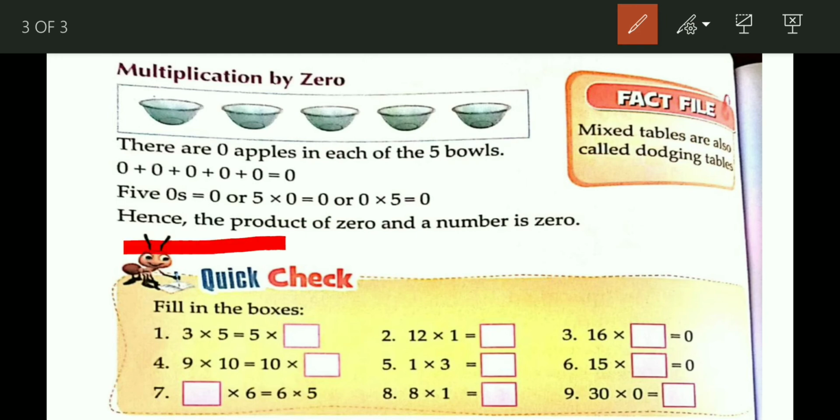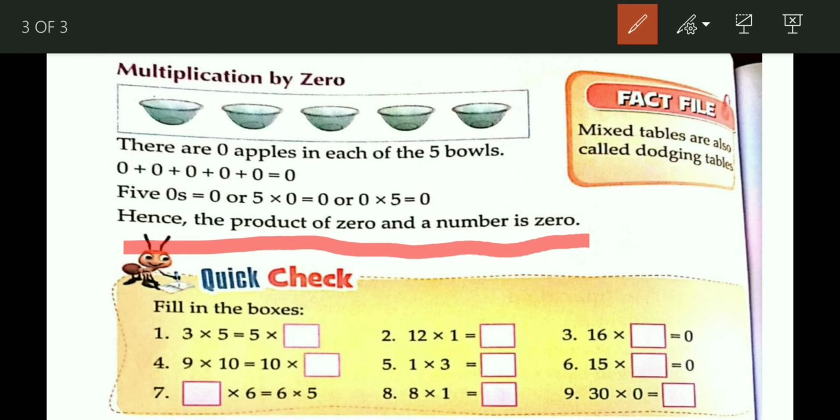Hence, the product of 0 and a number is 0. It means that when you multiply any number with the number 0, the answer, that means the product, will always be 0.